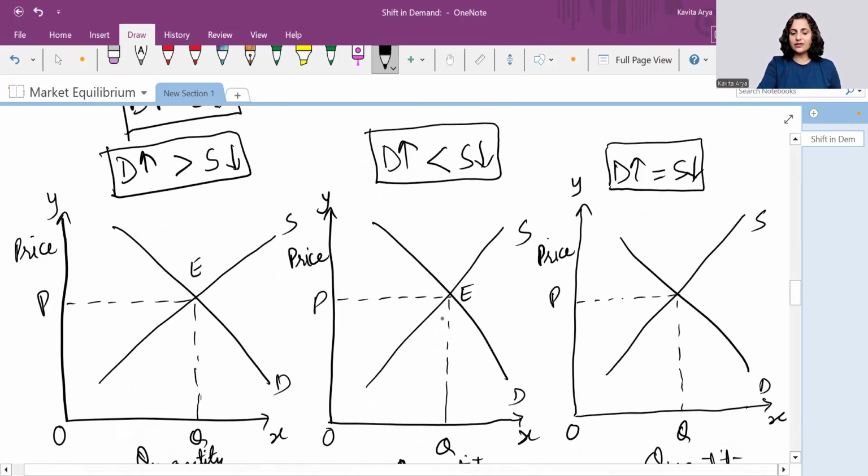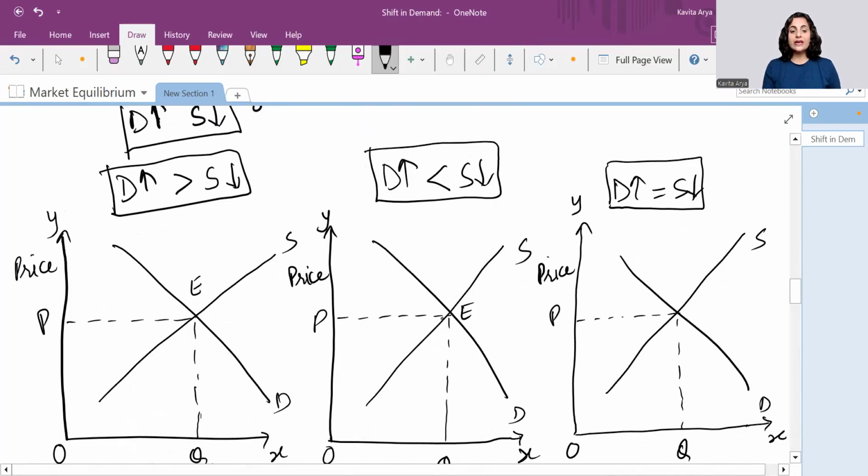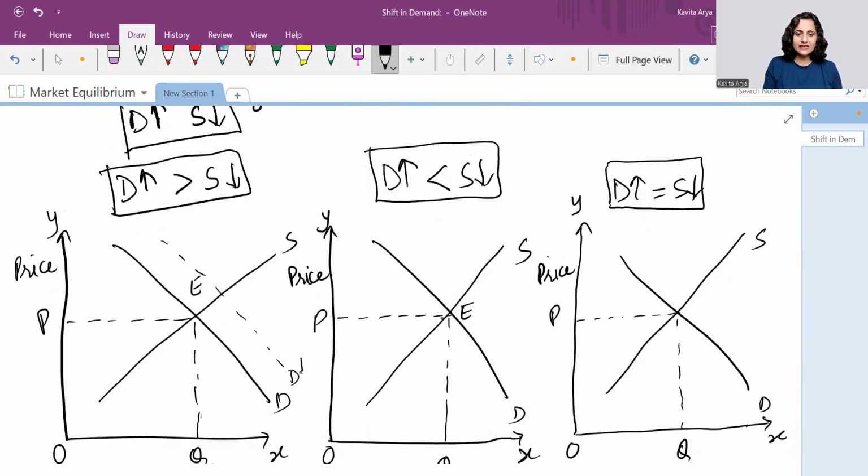So how would we do justice? We have the basic structures created for us. Increase means the rightward shift and decrease means the leftward shift. So demand is to be increased, it's a rightward shift. And supply is to be reduced, so this is a leftward shift. Now, the increase in demand is more in quantum and decrease in supply is less in quantum.